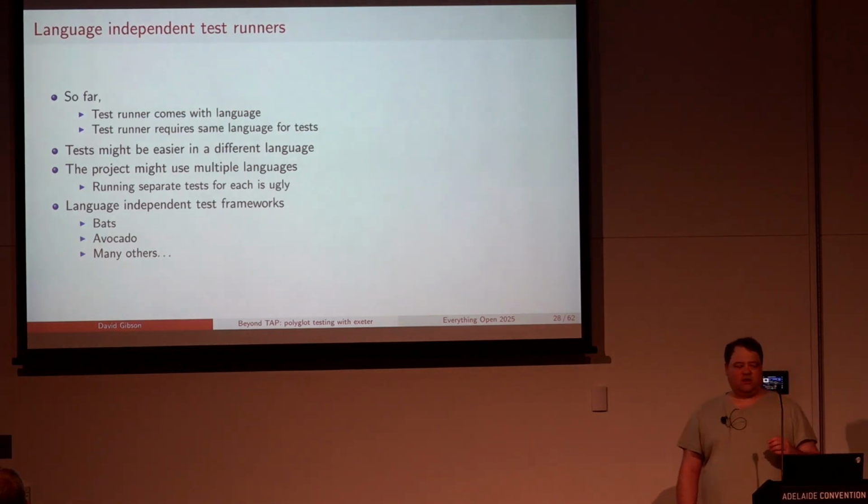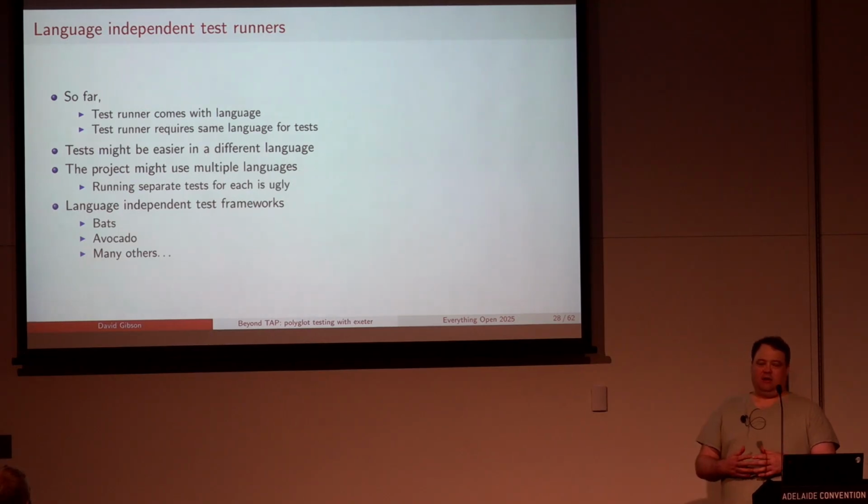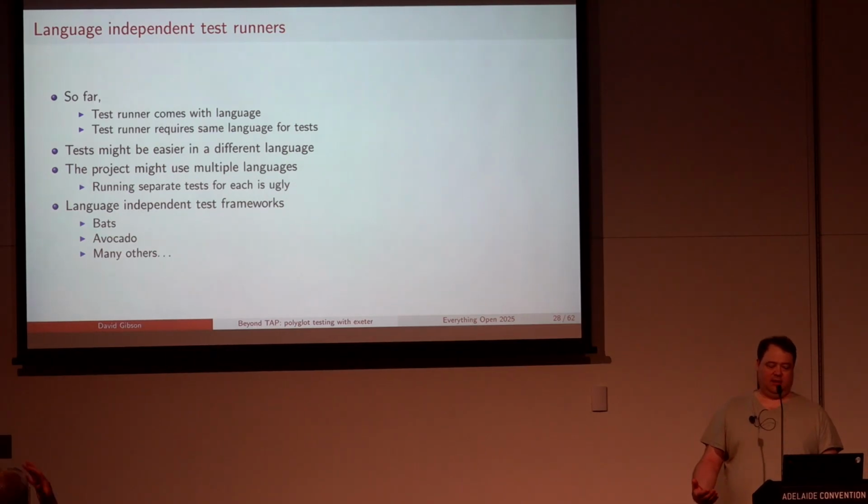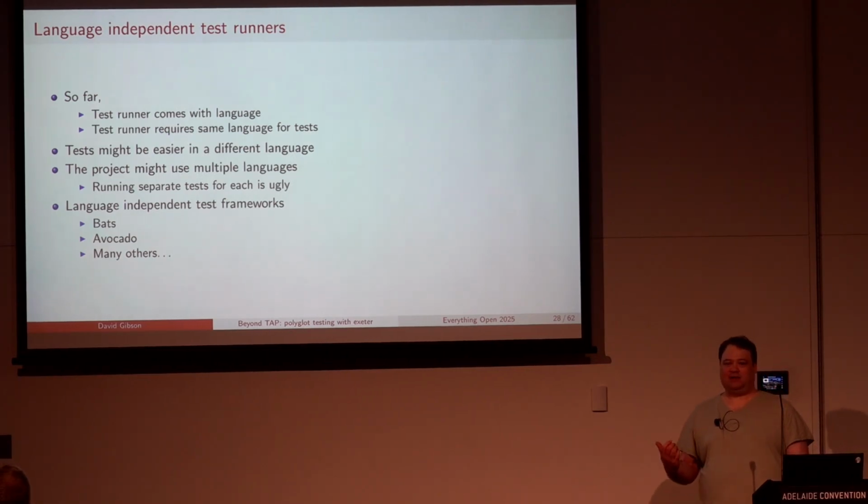So far in all the examples we've looked at, the test runner has basically come as part of the language we're testing, and that has required that we write our tests in the same language that the code we are testing is in. But as we've just seen in C, it might be easier to write our tests in a different language than the original code we're testing.